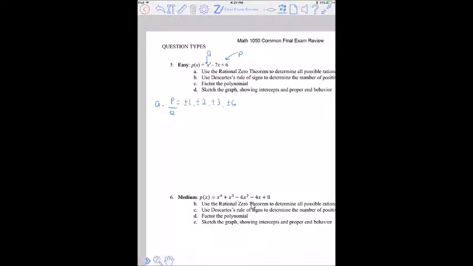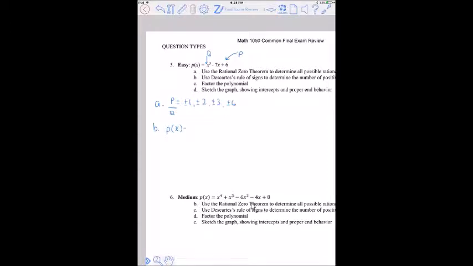Now part B, we didn't actually talk about Descartes' rule of signs. But we can talk about it now. It's not a necessary rule. It can make things easier. So for part B, what Descartes' rule of signs has you do is count sign changes.